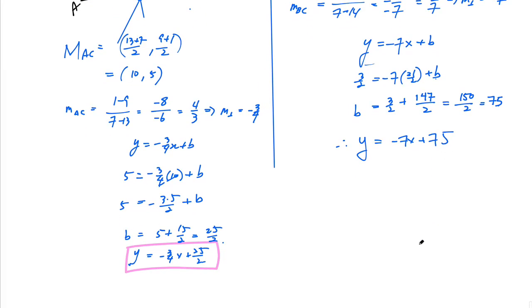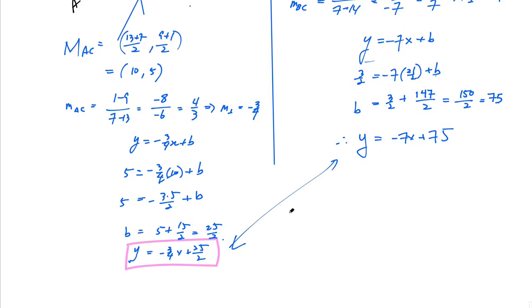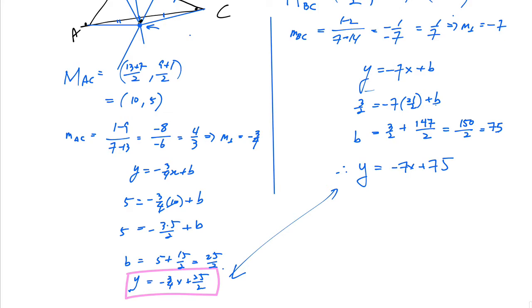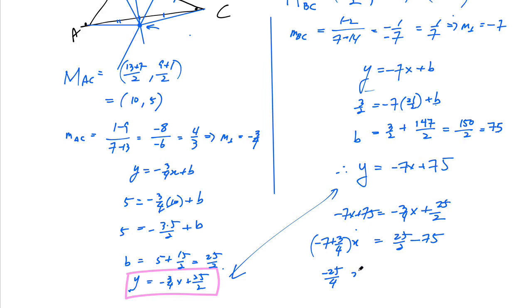Now, the intersection point between these two will be the exact location of the center of the circle. So let's make that equal to this. Collect the x, 25 over 4 when you combine these two.